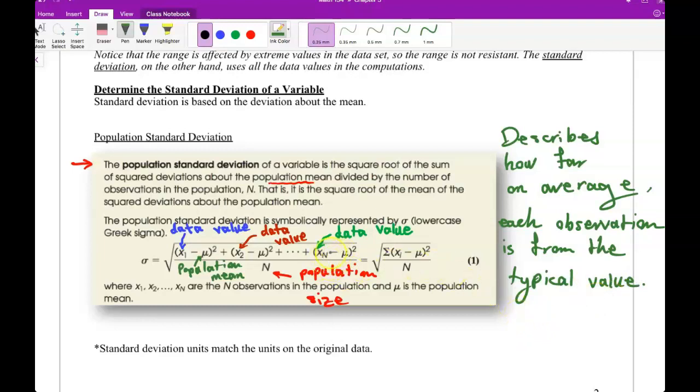So here we have the difference, and since we divided by n, that's why that is the average. So how far on average, divided by n, each observation, which is all x's, is from the typical value. So finding the difference between data value and our mean, divided by population size. These x's are our data values, n is the number of observations or population size, and mu is population mean.